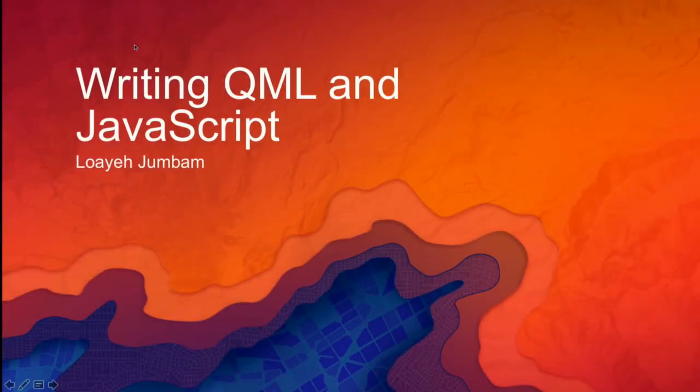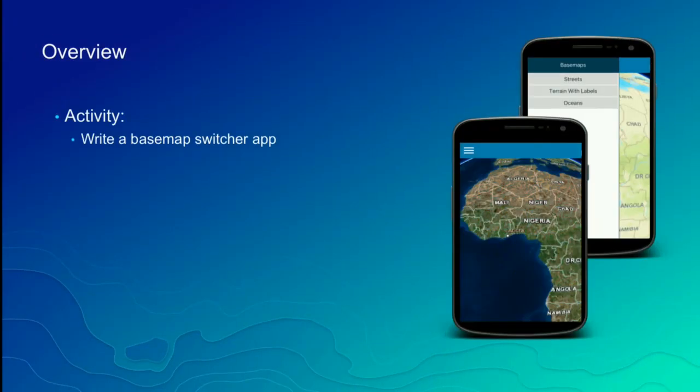Thanks, Chris. So in this section, we are going to write a base map switcher app. This is a one-page app with a menu and buttons enabling you to change the base map of your map. Before I proceed, how many people have written QML code before? Nobody, but some of you have used AppStudio, so maybe you have looked into the code.